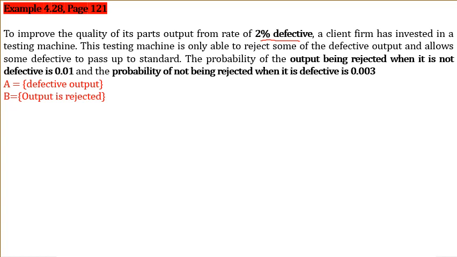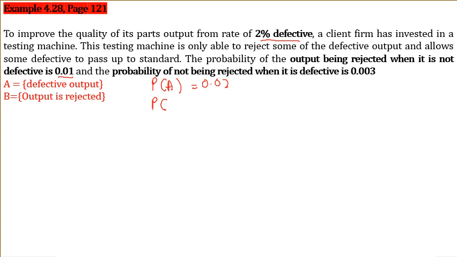The probability of the output being rejected when it is not defective is 0.01, and the probability of not being rejected when it's defective is 0.003. So from the information given, probability of A, defective output, is 0.02, and B is output is rejected.